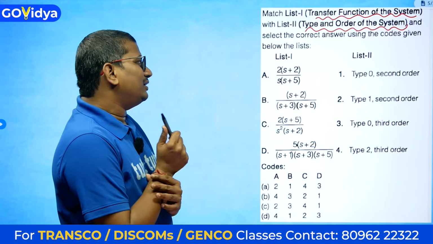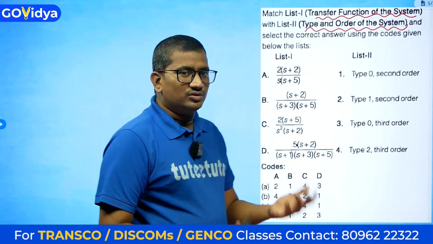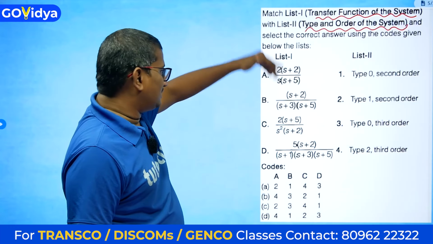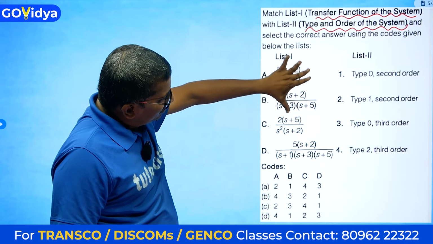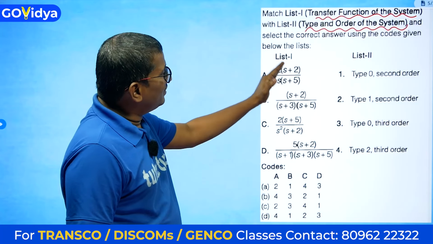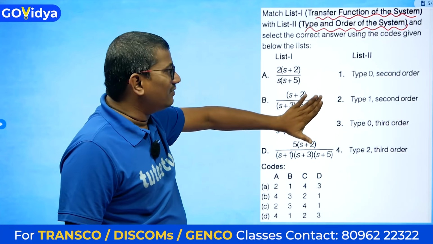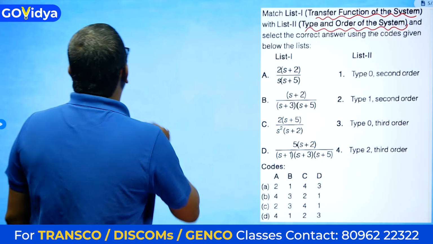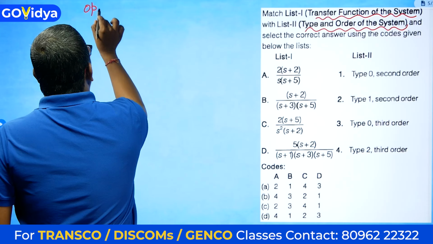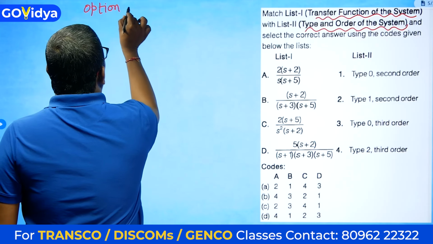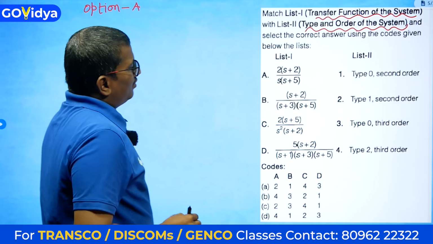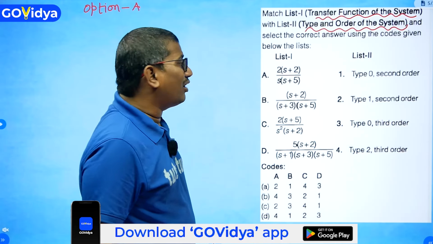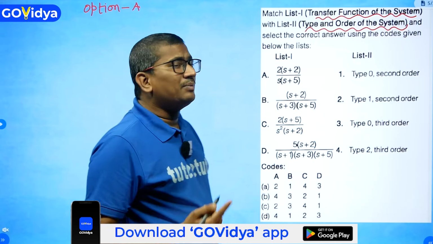But observe one thing: did they mention anything related to open loop or closed loop? No. So straight away we can consider these to be open loop transfer functions, and identify the type of the system for option A, option B, option C, option D. For option A, what is the type of the system?